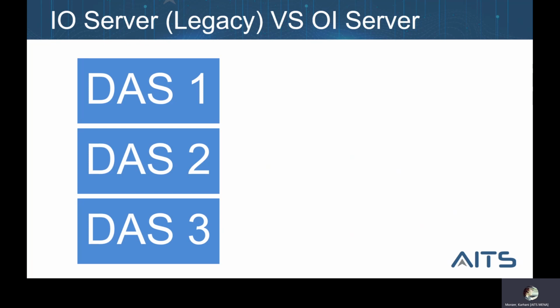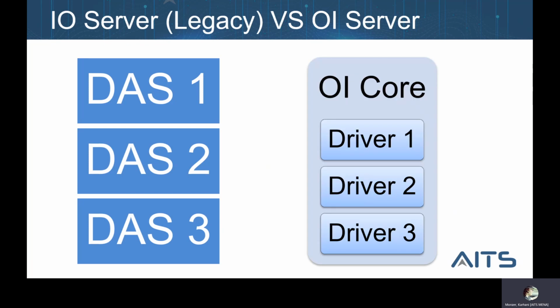However, for the new OI server, you have 1 core, and inside this core, you have the drivers. This is one of the first differences between them. As configuration, well, yes, OI core has better performance. The newest is better. However, for configuration and how to configure both of them, they are similar.